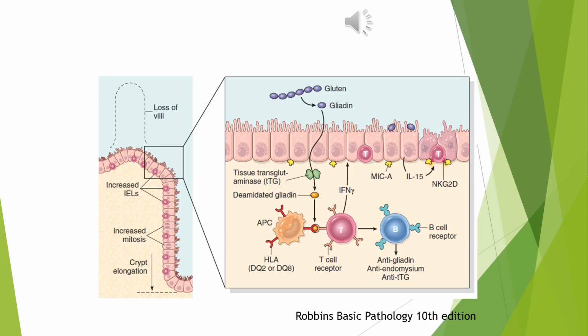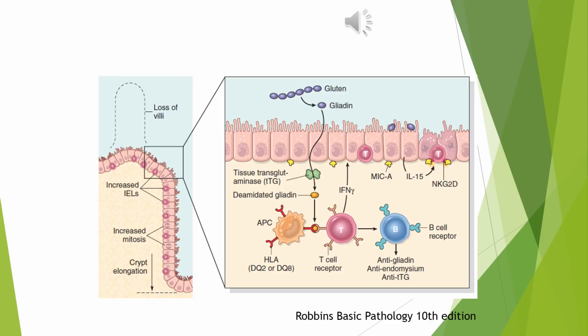Celiac disease typically shows loss of the villi in variable degrees. The loss can be subtotal or total loss of the villi with flattening of the mucosa, or sometimes it's just shortening of the villi early in the disease. So the degree of loss or shortening of the villi is related to the severity of celiac disease.